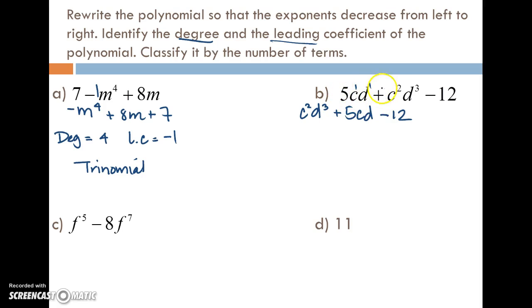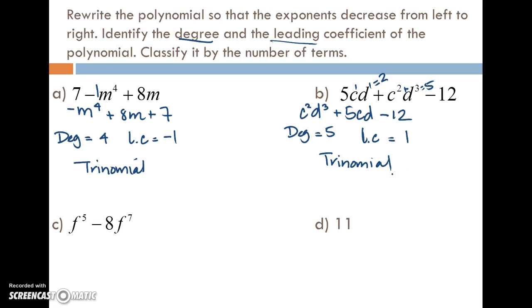To find out which one has the highest, you would add those, and it would be 2. For these two, you would add them, and it would be 5. This is the true degree. So the degree of this is going to be 5 because it's the highest exponent. Your leading coefficient is 1. And then there are 1, 2, 3 terms again. So this, again, is a trinomial.